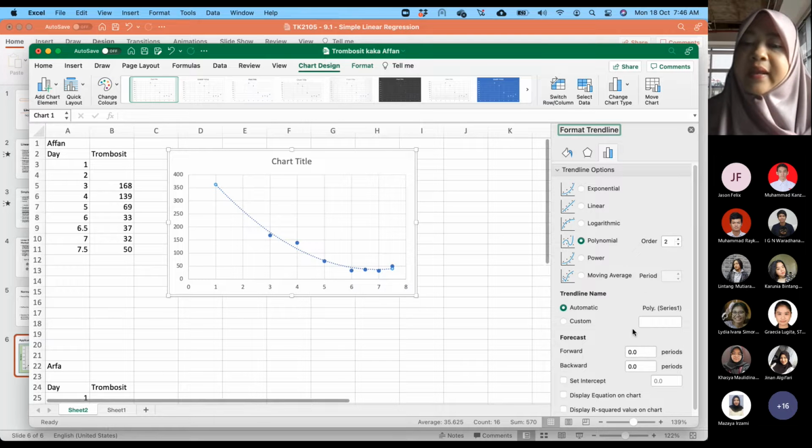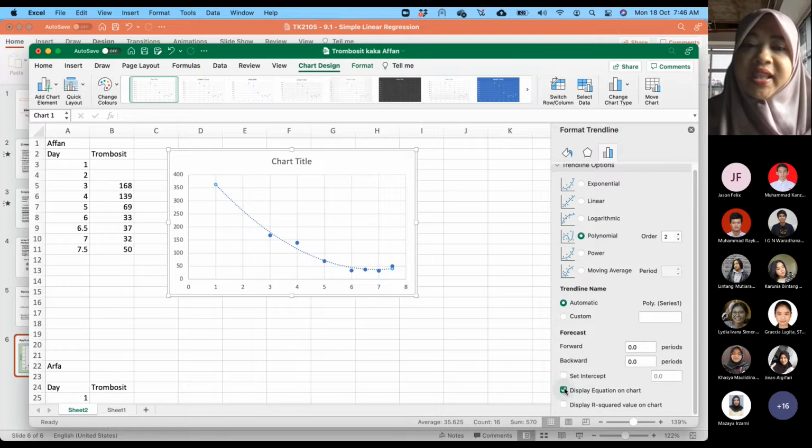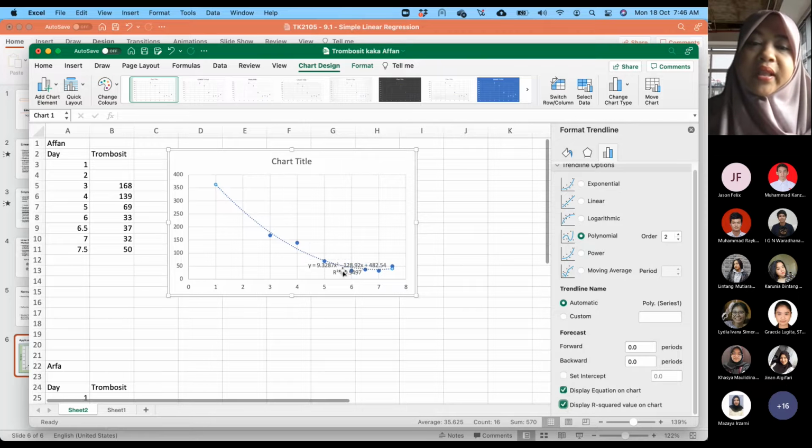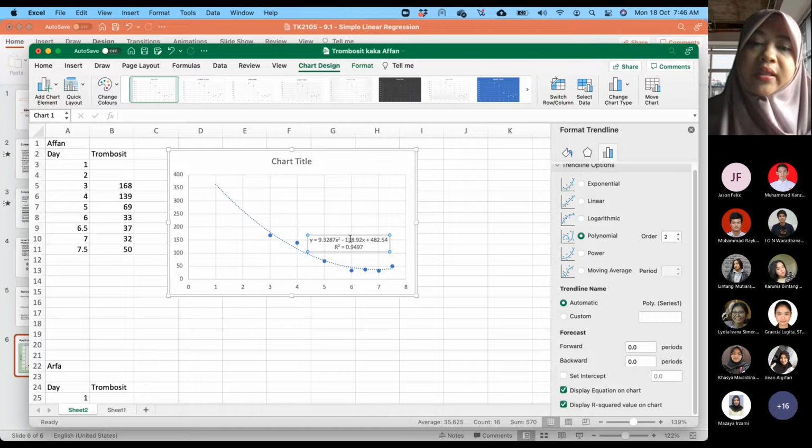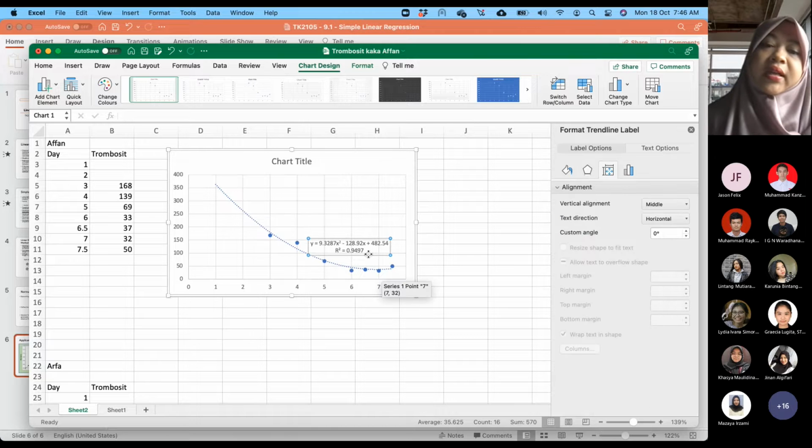And then I also click the equation, and also the R square. The R square will tell you how much the data fits the model, how good the model fits the data. If it is more than 0.9, lebih besar dari 0,9, usually the data fitting is good.